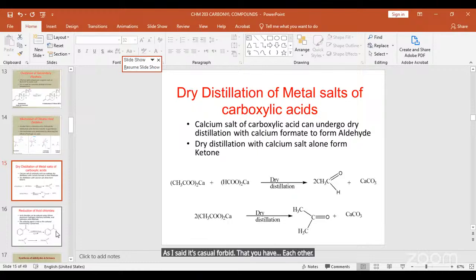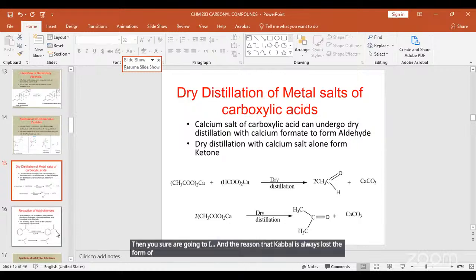But when you have only calcium acetate, then you're sure going to have a ketone. The reason is that a carbon is always lost in the form of carbonate in the course of the distillation.